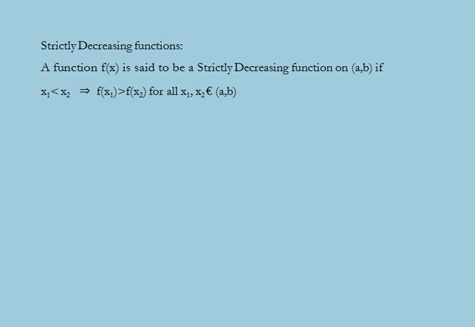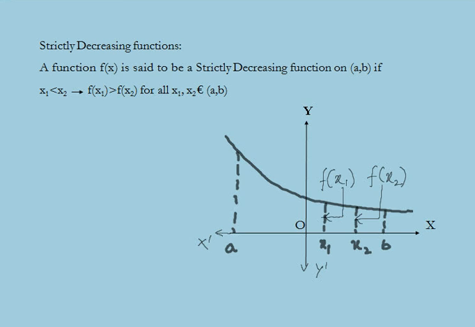Thus f(x) is strictly decreasing on interval (a, b) if the values of f(x) decrease with an increase in the values of x. Graphically, it means that f(x) is a decreasing function on interval (a, b) if its graph moves down as x moves to the right. Thus, this graph represents a strictly decreasing function in the interval (a, b).